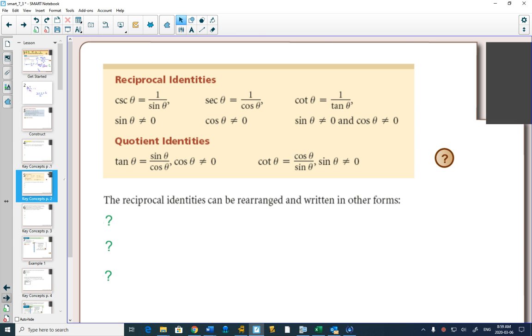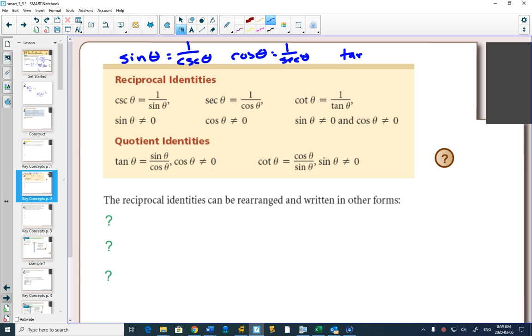I would like you to add to these: if cosecant is 1 over sine, does it make sense that sine is 1 over cosecant? And that cos is 1 over secant, and that tan is 1 over cotangent. Can you see that you could rearrange those so those are all true as well?